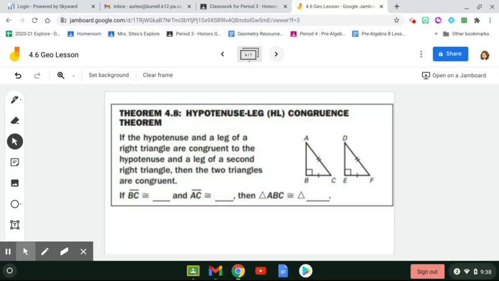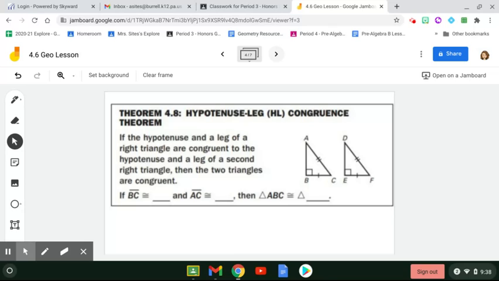But to remember the hypotenuse leg theorem: if a hypotenuse, which remember is the longest side across from the right angle, and a leg of a right triangle are congruent to the hypotenuse and a leg of a second right triangle, then the two triangles are congruent.